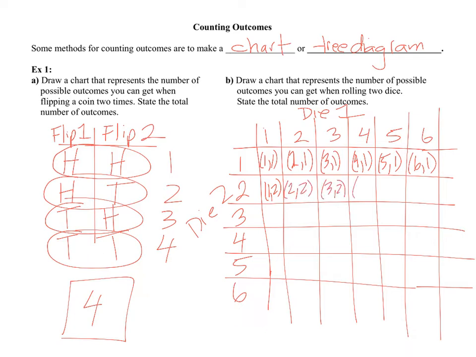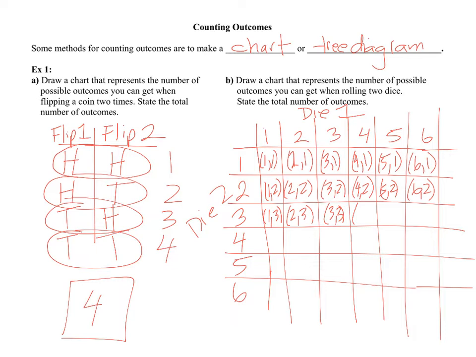Alright, and then you'll eventually see the pattern, and it's pretty easy to construct. It just takes a little time. Alright, but this is going to give you all the different possibilities. Check this out.